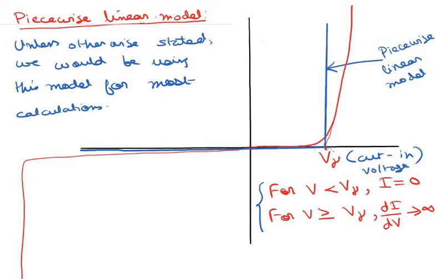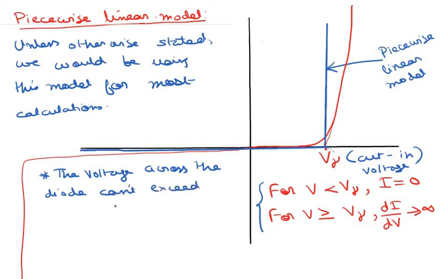So this basically means two things. One is that the voltage across the diode can't exceed V gamma for practical purposes.